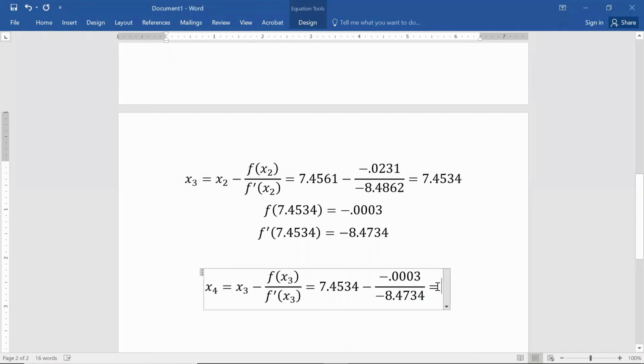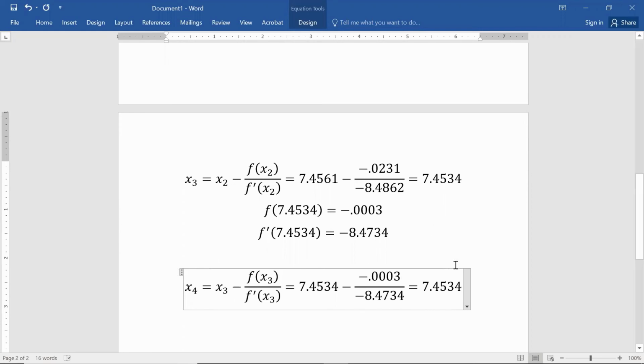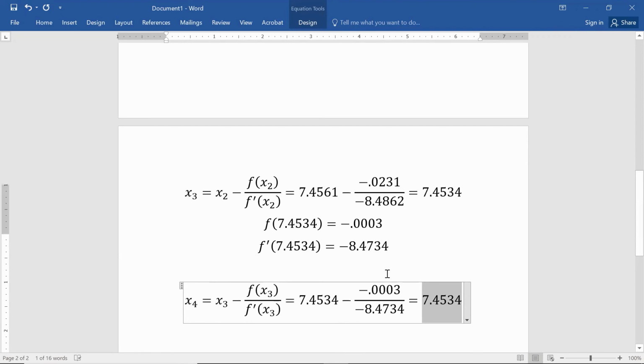And what we get there is the exact same thing if I round to 4 decimal places. So we can see that rounded to 4 decimal places, this is our solution.